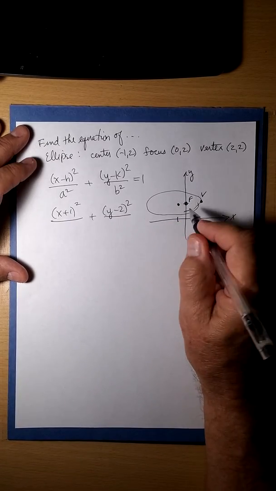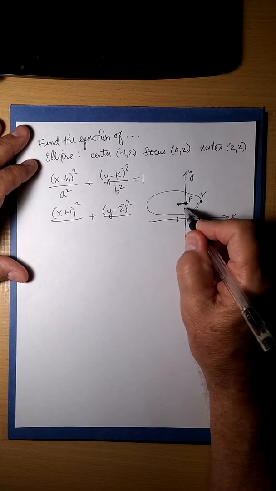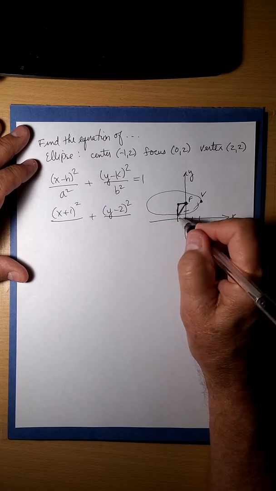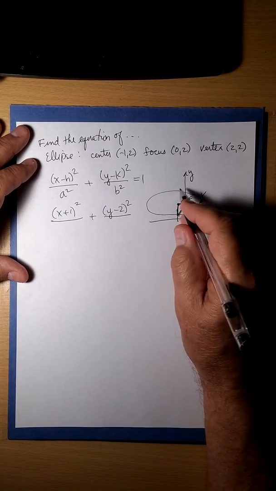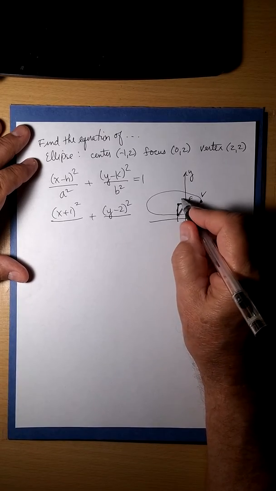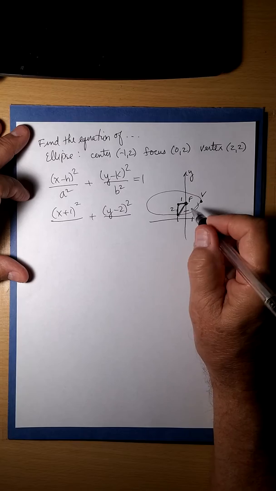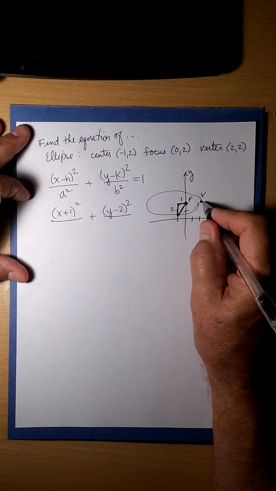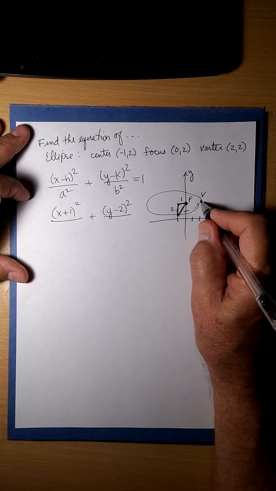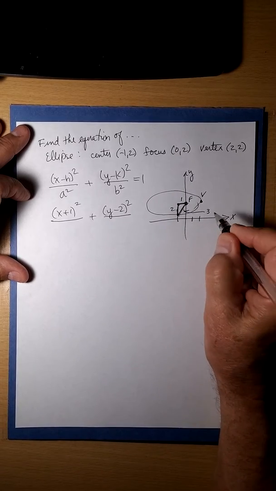So, remember the distance here, it goes to one of these, not foci, the conjugate axis. This is a 1, this is a 2, and the vertex, this length from the center to the vertex is 3, that's what goes here.